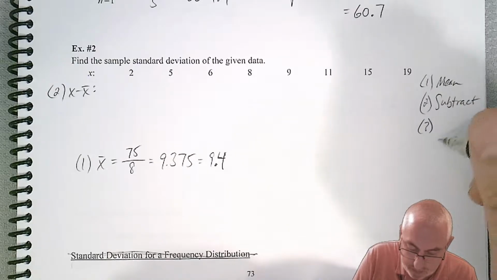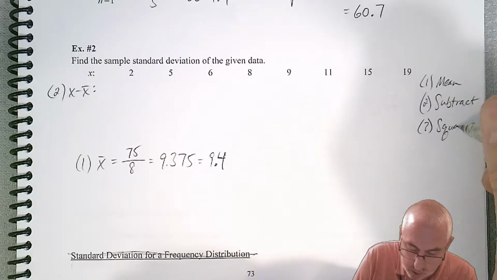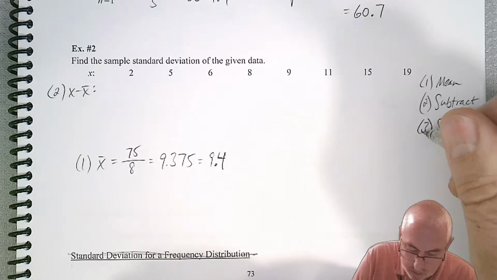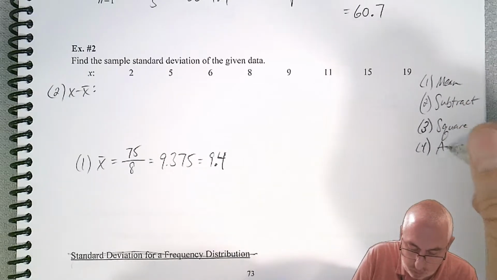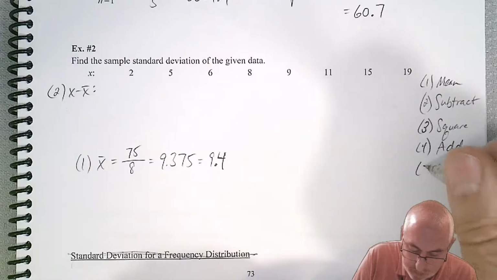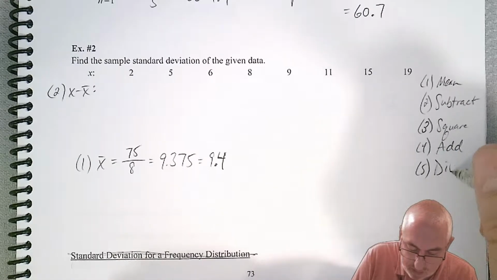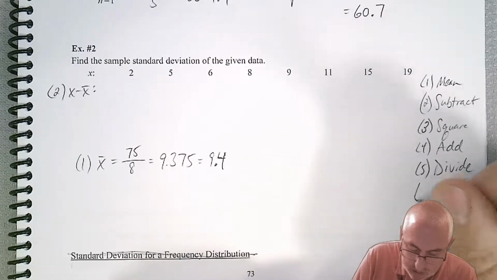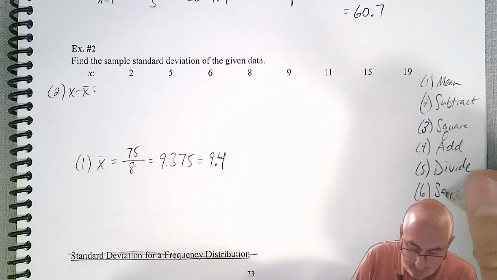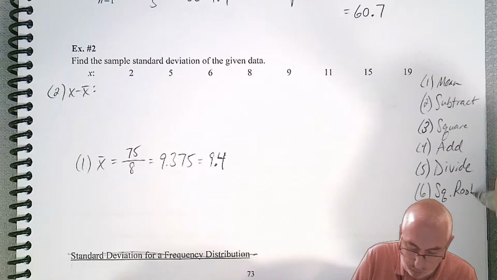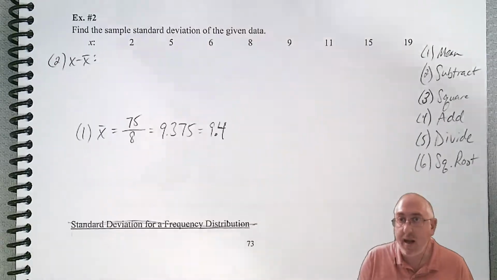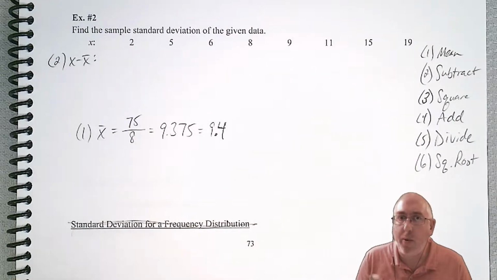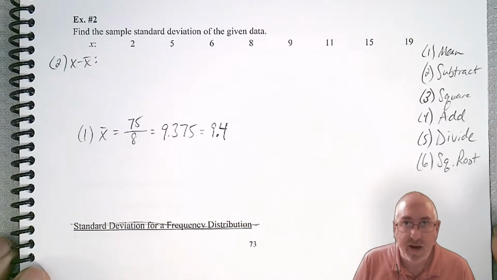Step 3 is to square. Step 4 is to add. Step 5 is divide. And step 6 is to square root. So now we have our 6 steps, just quickly summarized so that we can go through this a little bit faster.